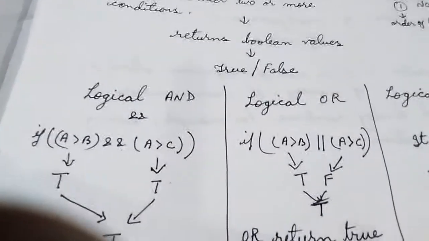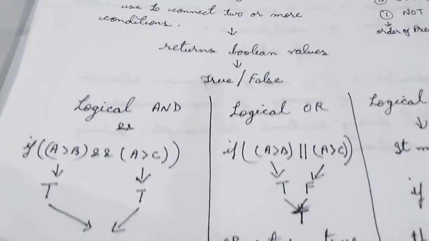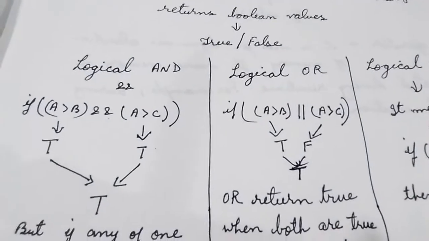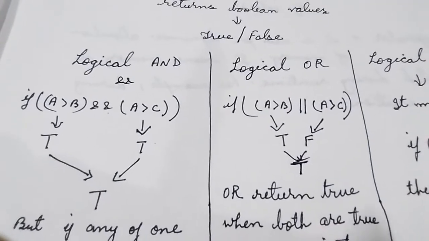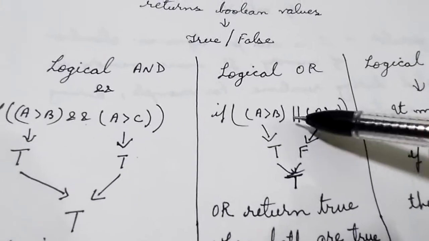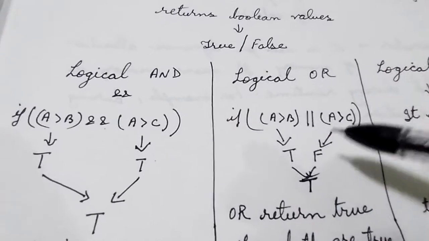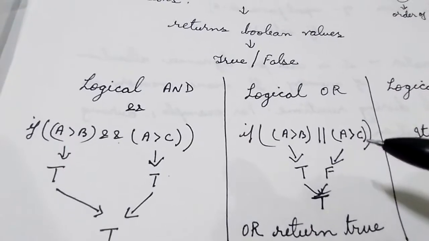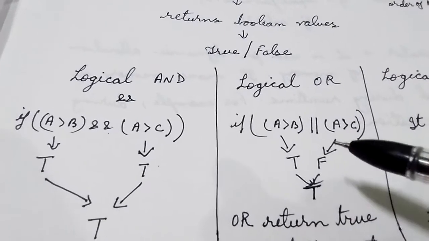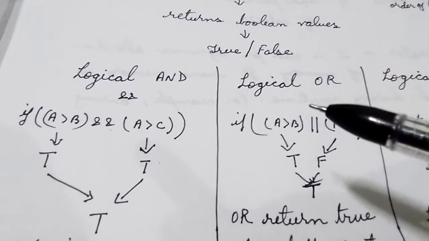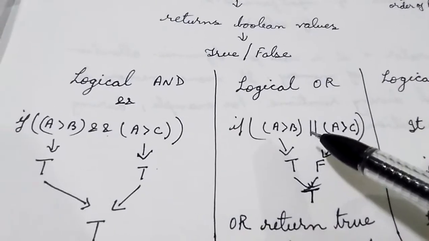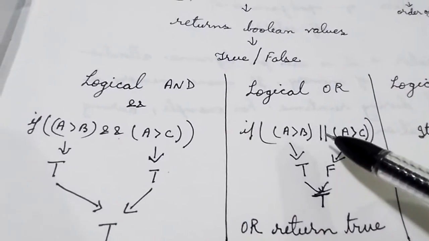And whenever the programming is like, if you want to continue, press Y for yes, and if you don't want to continue, press N, such programs go with or, because from the keyboard the user will press Y, maybe in capital or maybe in small. Never can both be true in this condition. So such programs always go with logical or.